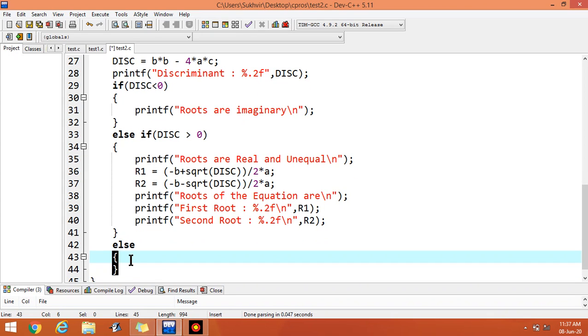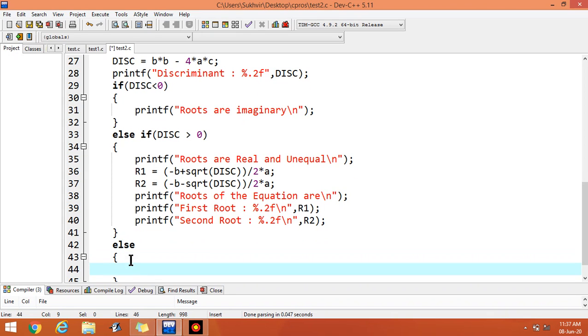The last one is when the discriminant is equal to 0. Printf, only one condition is pending. Roots are real and equal. You can apply this condition here.